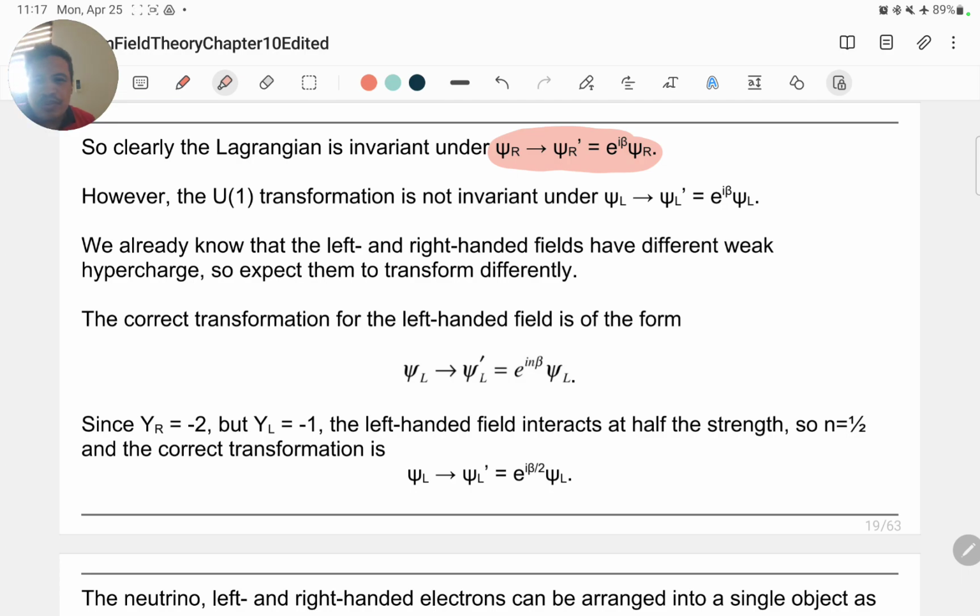Now, however, the U1 transformation is not invariant under the transformation of the left-handed component of the leptons. Why? Because the left and the right-handed fields have different weak hypercharge, so their transformations are expectedly different.